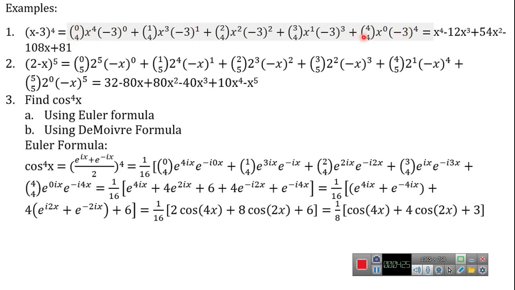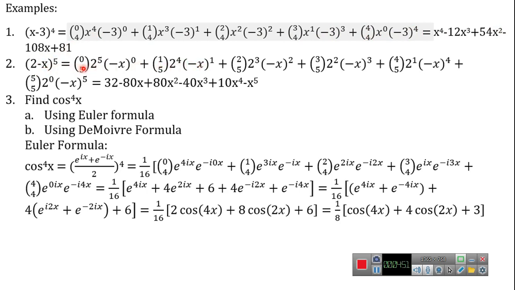You start with x at the highest power, x^4, decrease by 1: x cubed, x squared, x^1, x^0. Minus 3, you're going to start with minus 3 power 0, 1, 2, 3, 4. Combination 0 out of 4 is 1 times x^4, so this is x^4 here. 1 out of 4 combination is 4, 4 times minus 3 here, minus 12x cubed. 2 out of 4 combination is 6, 6 times 9 is 54x squared.